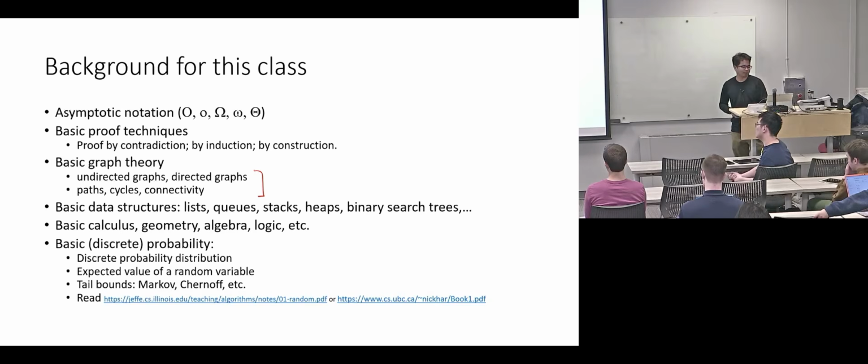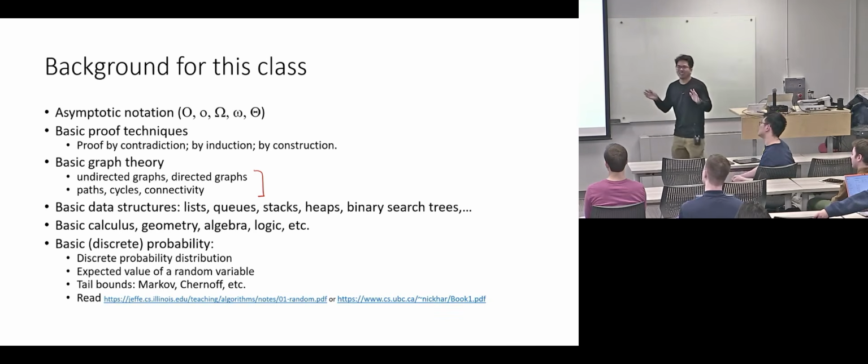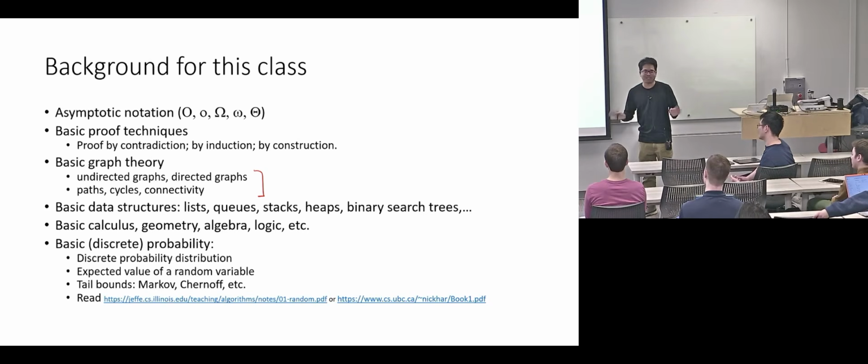When I mention some term in class and you don't know what it is, feel free to ask me. I will explain it, maybe quickly. And if you don't know it, you can look it up.